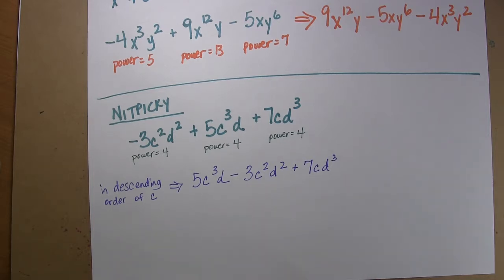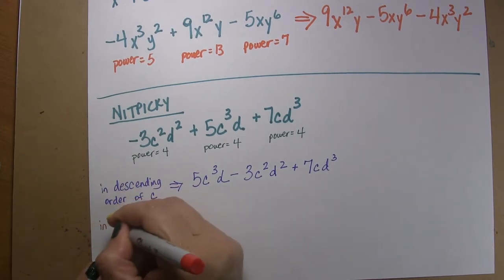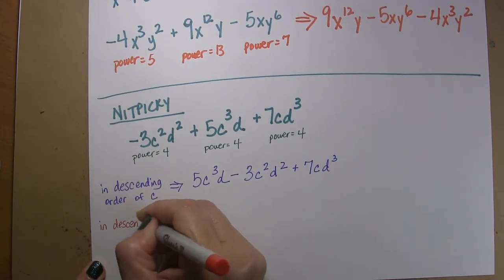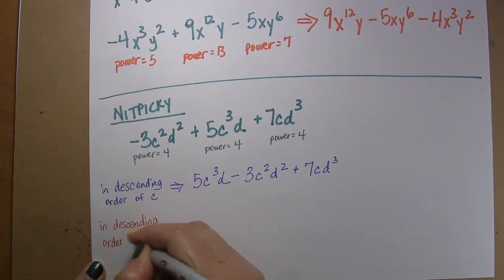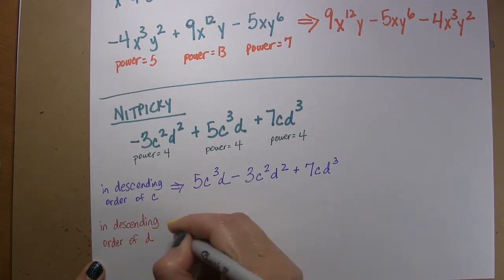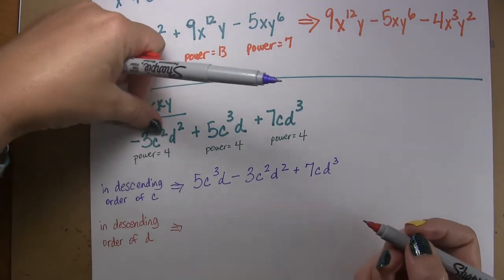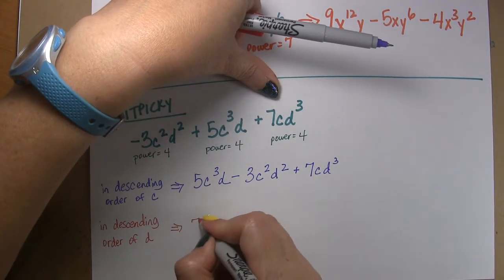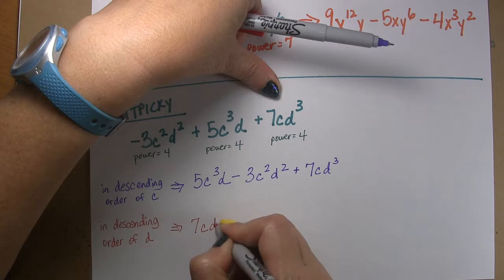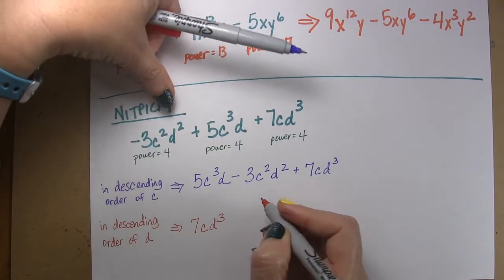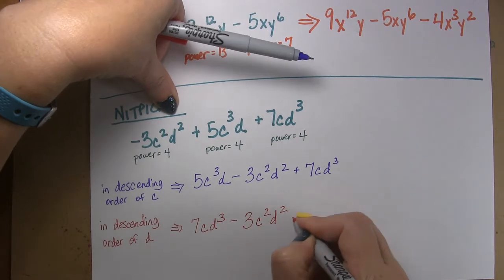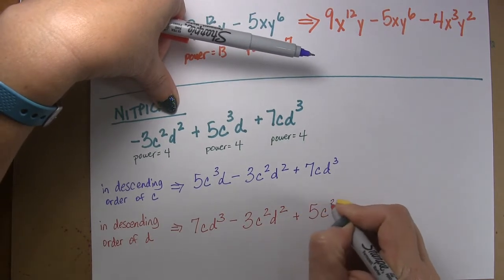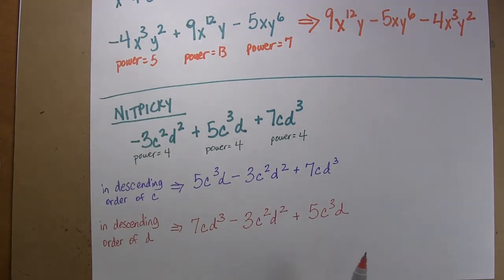However, as an alternative, you could write it in descending order of d, which would be this one first, 7cd to the 3rd, minus 3c squared d squared, plus 5c to the 3rd d.